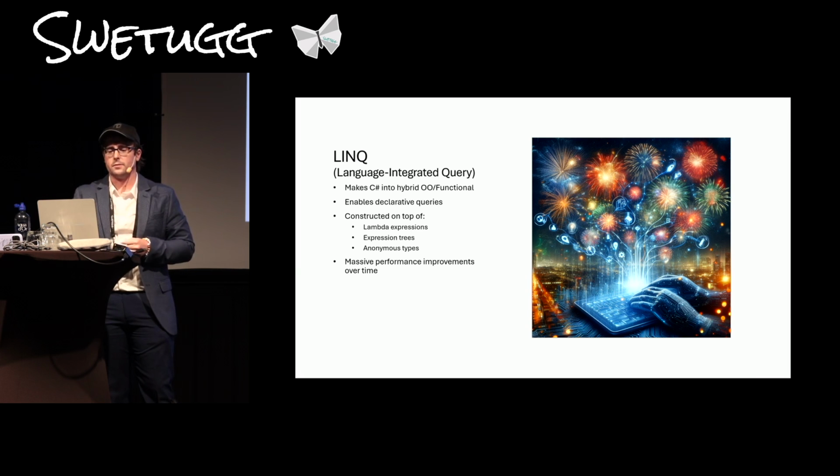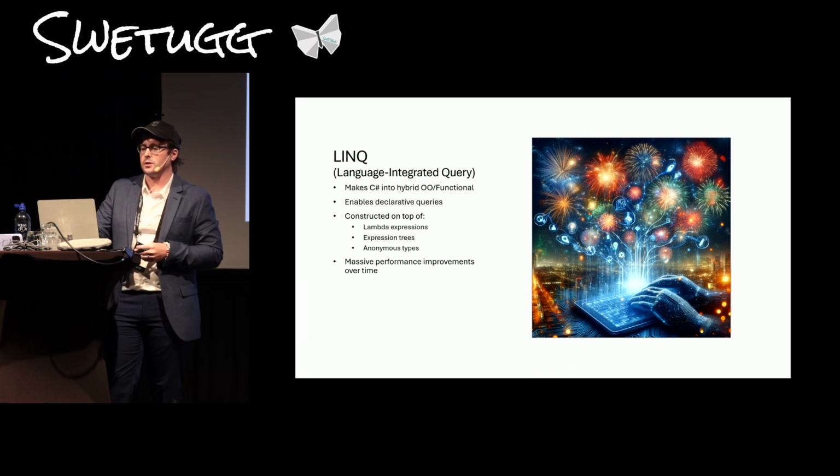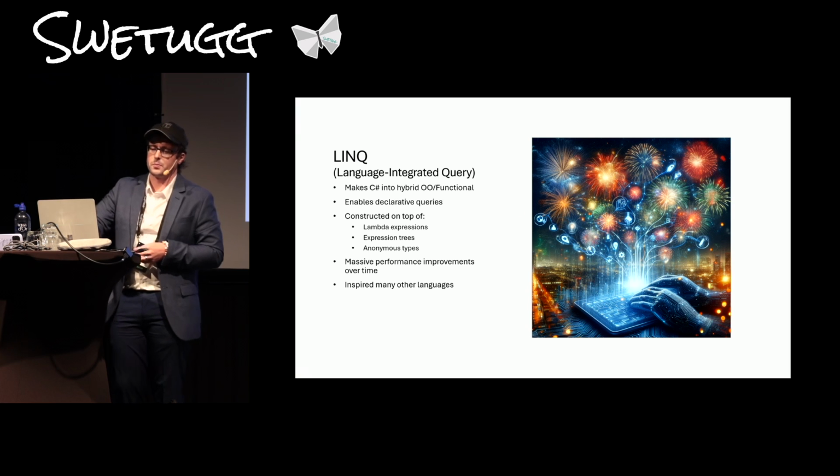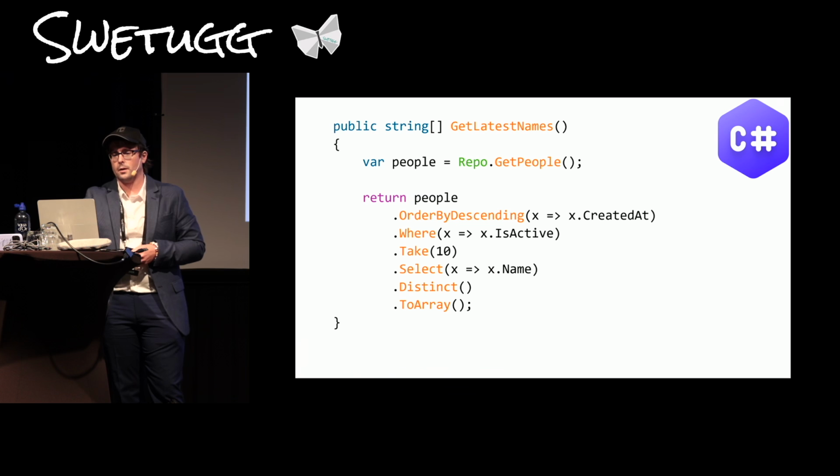There's been a massive performance improvement in the last versions of C# in the last few years to keep it at top speed. And this has definitely inspired a lot of other languages.